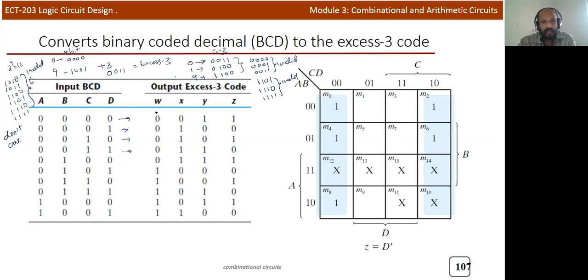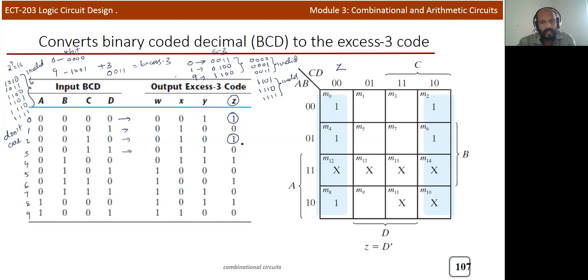First we can design for Z, the XS3 code value Z. Now we can see that Z is equal to 1 for the binary inputs 0, 1, 2, 3, 4, 5, 6, 7, 8, 9.